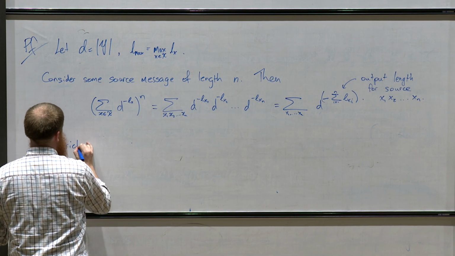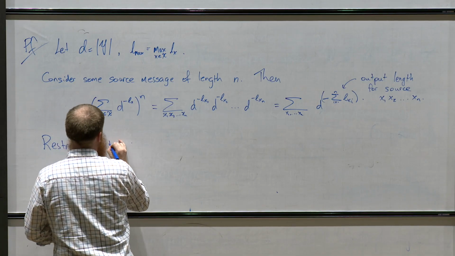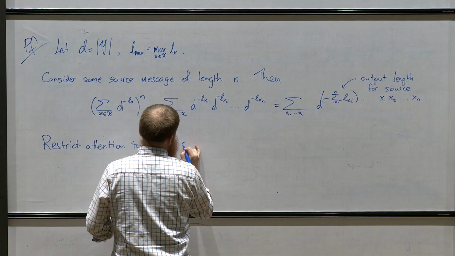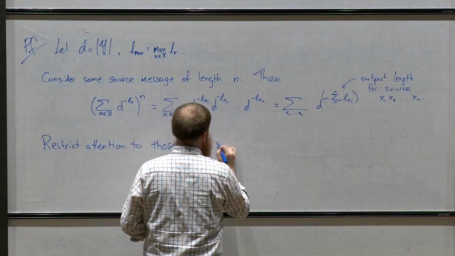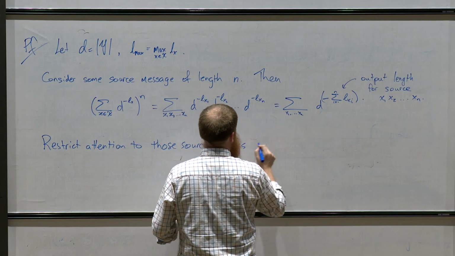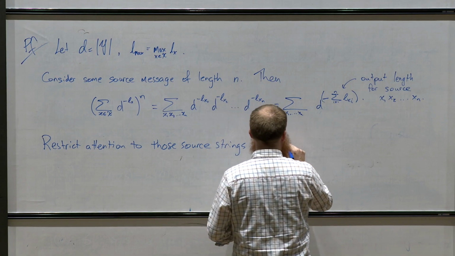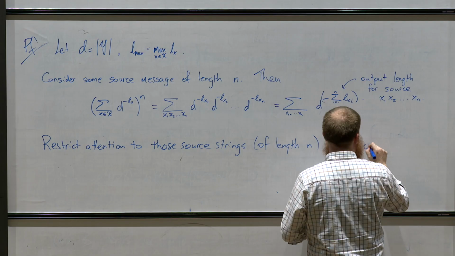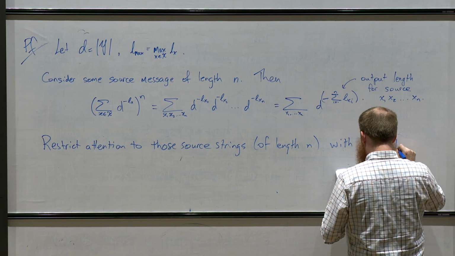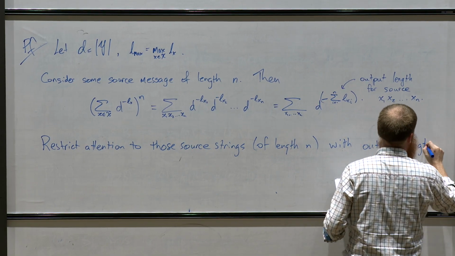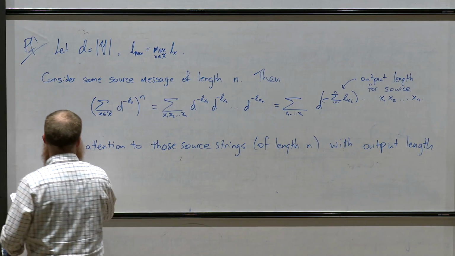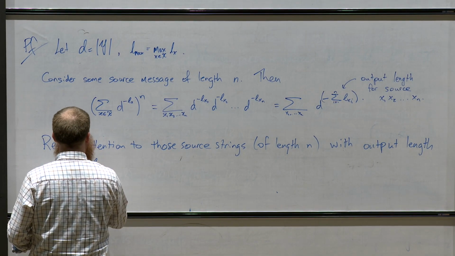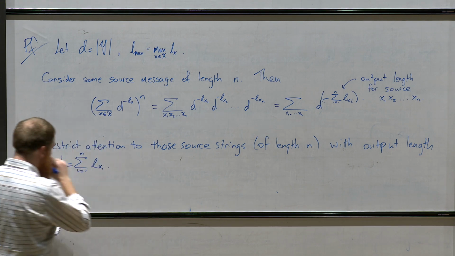So restrict attention to those source strings of length n with output length k, which is then just, as I said, the sum for i equals 1 to n of Lxi.